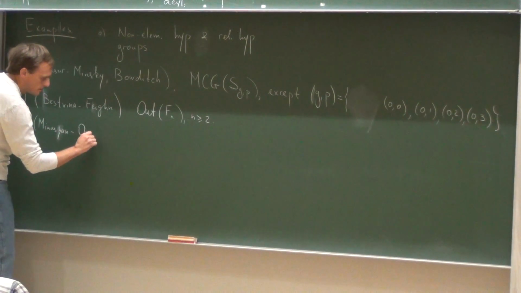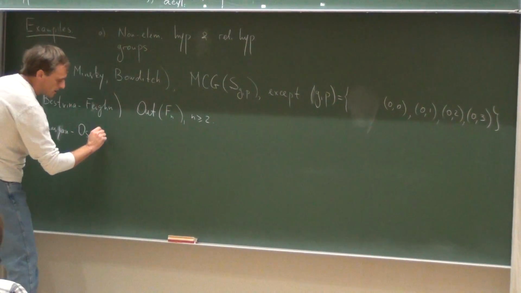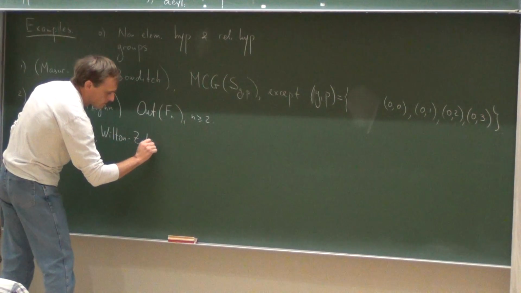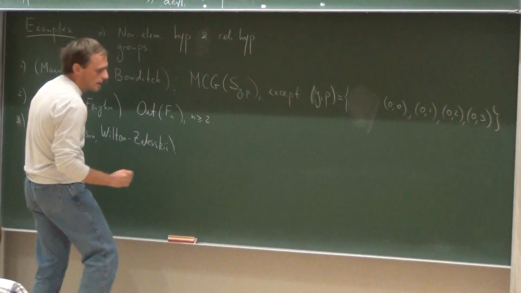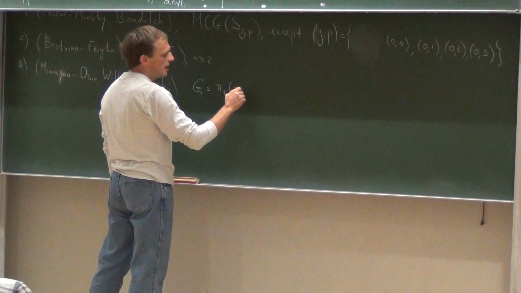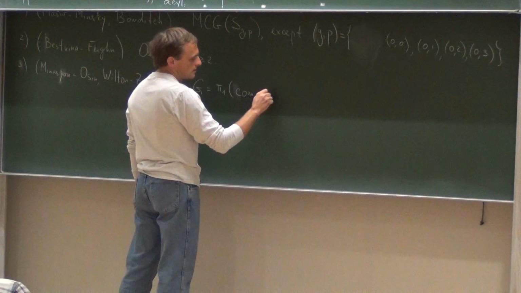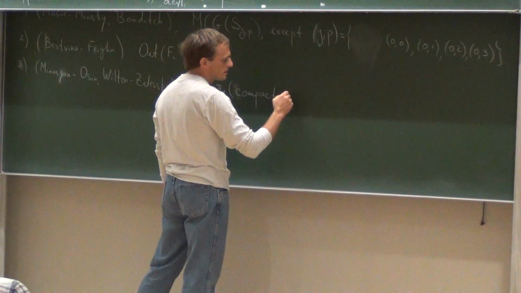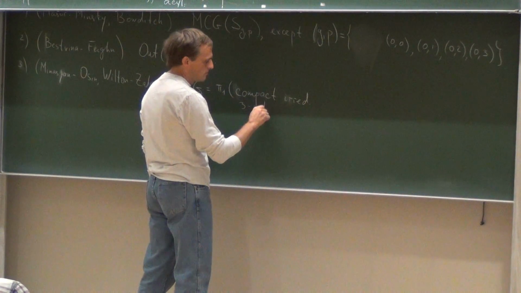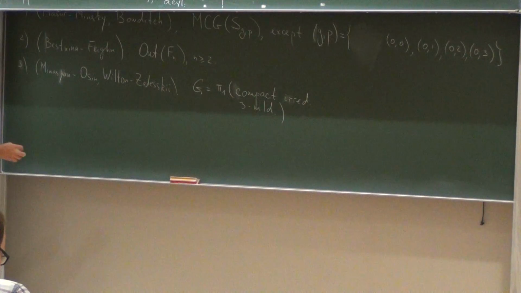There's a short proof, but it's actually based on the result by Wilton and Zalesskii. If you have the fundamental group of a 3-manifold, say closed, well, even compact, then you have to work a little bit, but compact, well, let's say irreducible. You can always assume it's irreducible because it doesn't change the fundamental group.